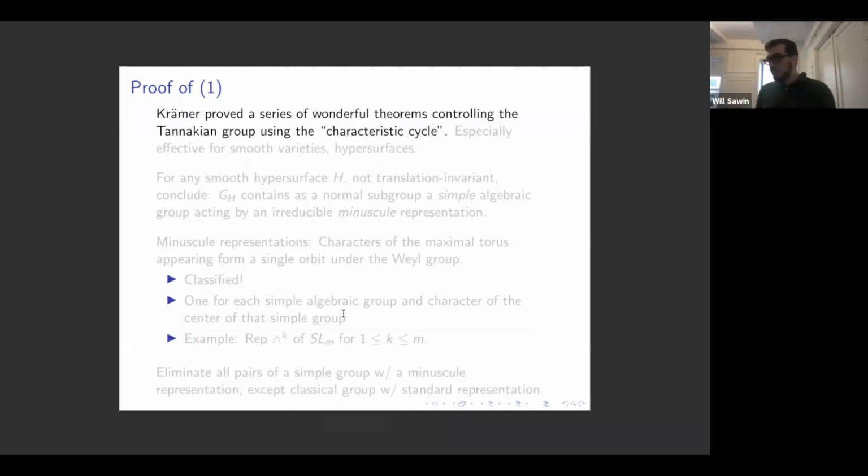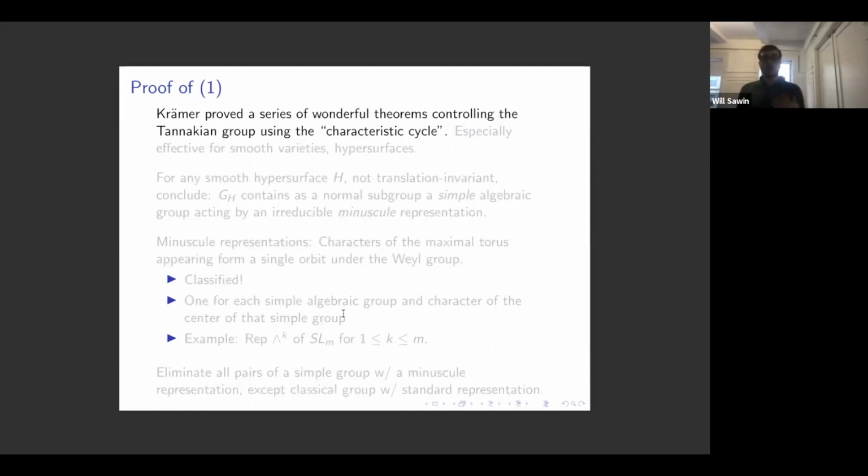And so for the second part, computing this Tannakian monodromy, we're going to take advantage of the fact that Krämer didn't just write this paper defining the monodromy group and give up, but he wrote additional papers proving a bunch of properties that are helpful for calculating the Tannakian group.